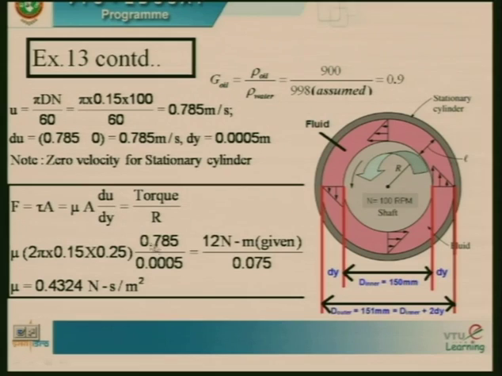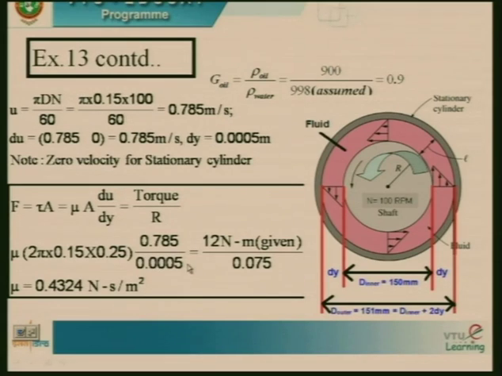Du is 0.785, you can see on the top, u is equal to pi d n by 60. Du is 0.785 minus 0, and the gap which you have worked out from here, 151 is equal to 150 plus 2 dy. Dy is coming hardly 0.5 mm, that is 0.5 divided by 1000, that will come 0.0005.